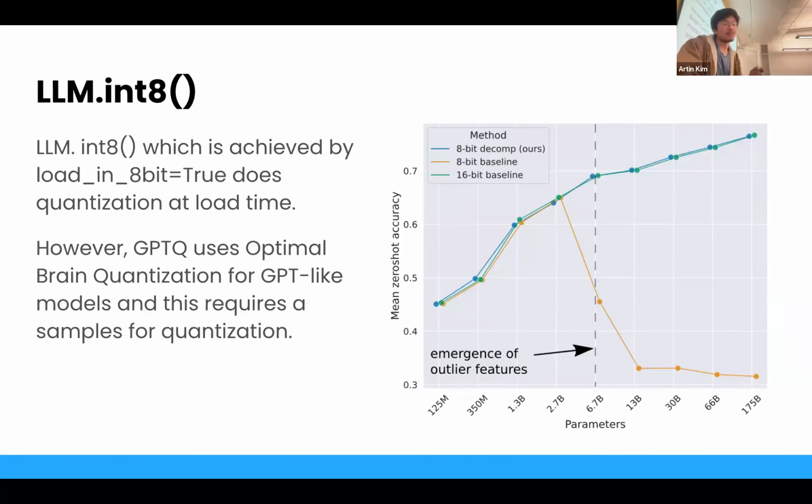So there are a lot of quantization methods out there. One of them is called LLM int8. This does basic, straight conversion of the weights at load time.